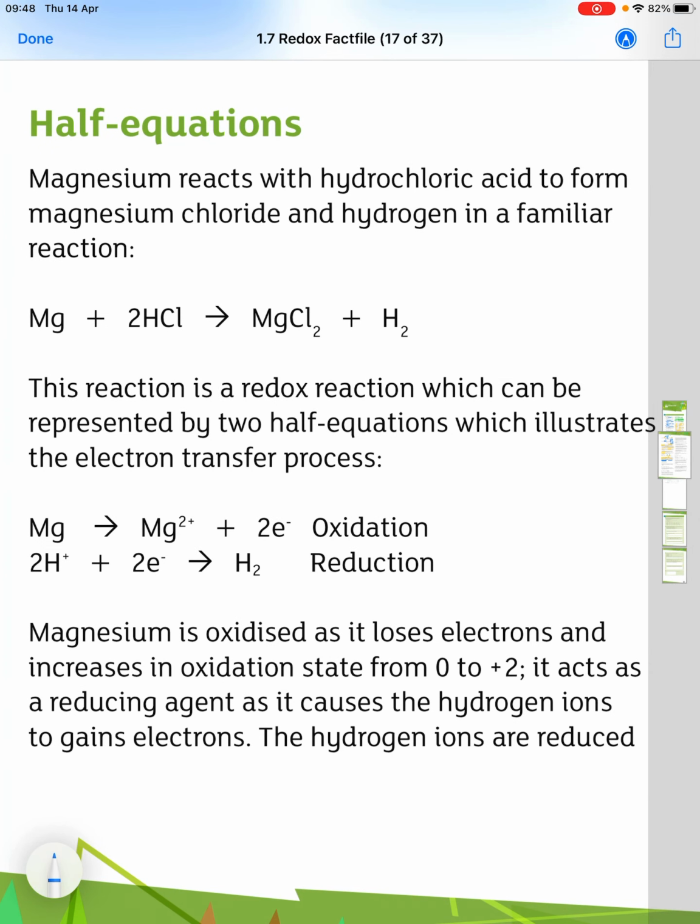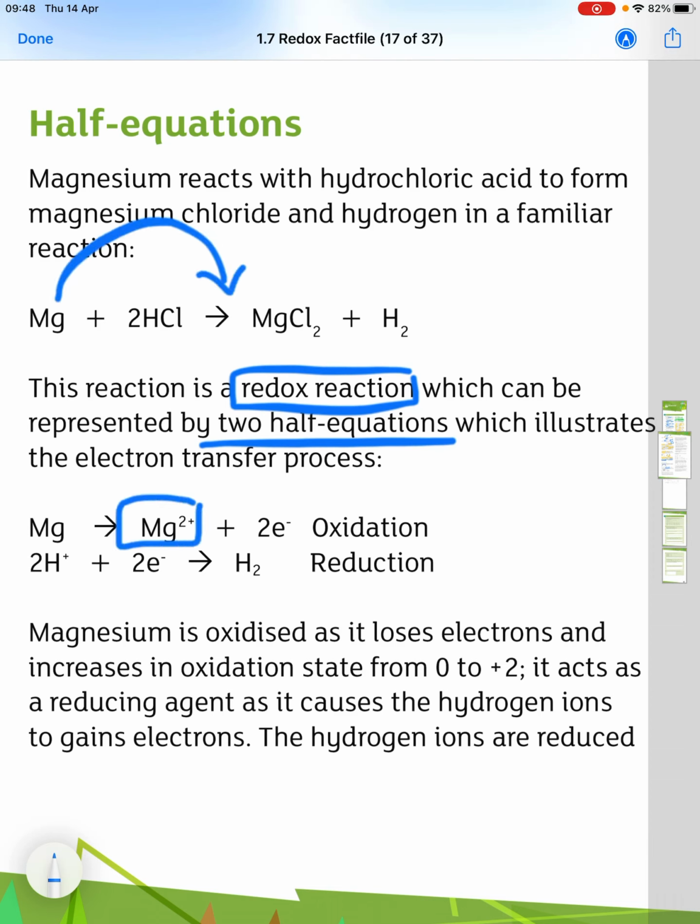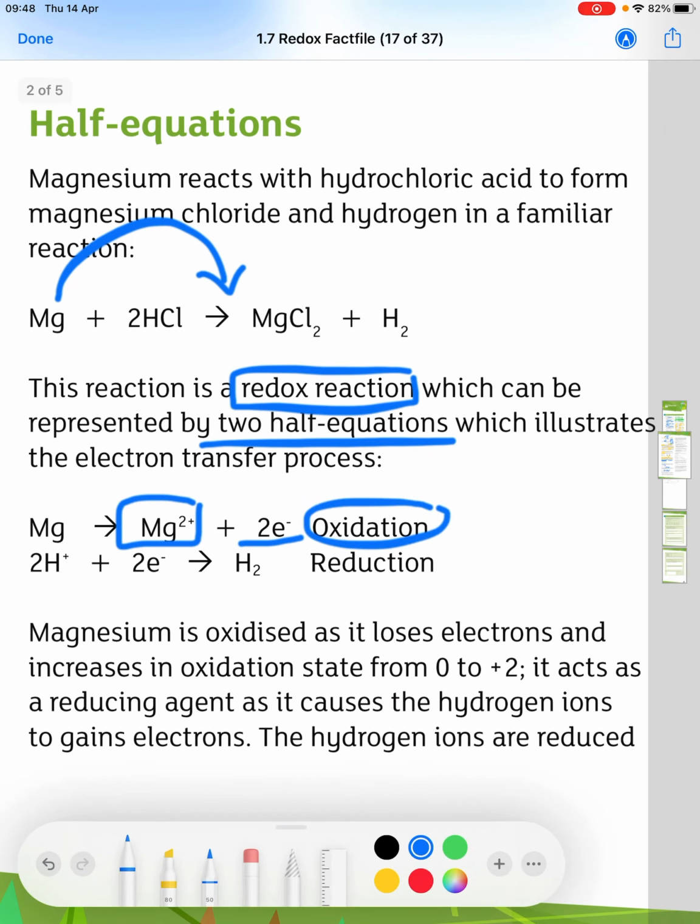Now, half equations. So if we take the example of magnesium reacting with hydrochloric acid to form magnesium chloride and hydrogen, it's a redox reaction, and we can represent it by two half equations which illustrate the electron transfer process. So if we look at the magnesium here, it's going from Mg to Mg2+, and getting 2 electrons as well, so that's oxidation.